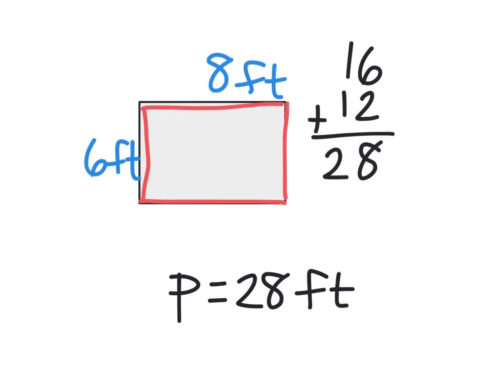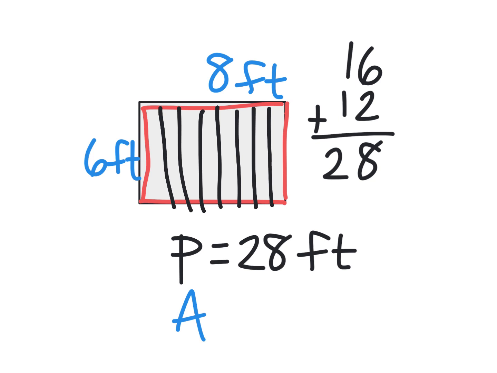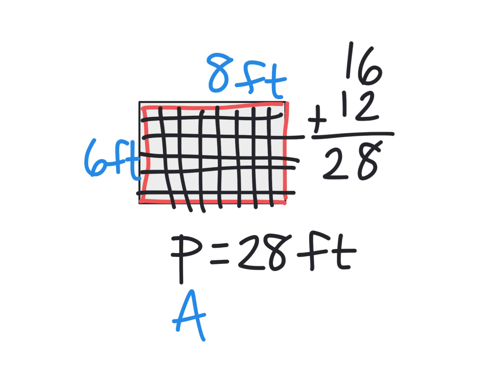If I wanted to find the area, I would be measuring all the inside parts to this. And we could make all the little squares in here and count them all. That would take us a long time. But we can calculate that just like we did with factor pairs, just like we did with arrays, by simply multiplying 6 by 8.